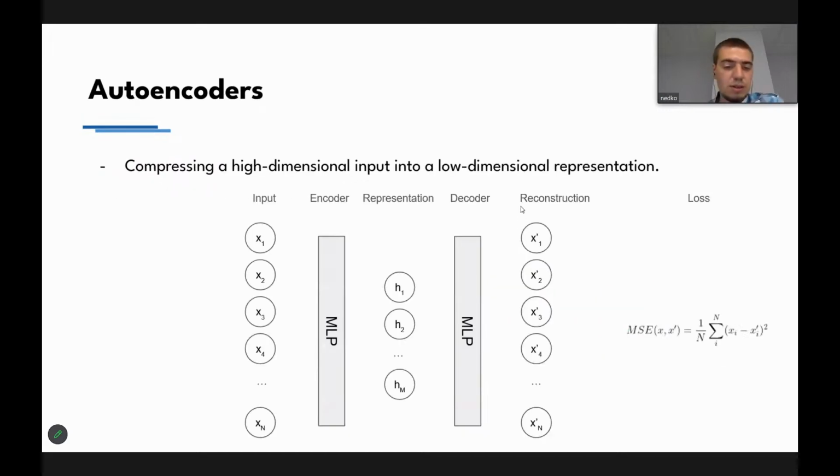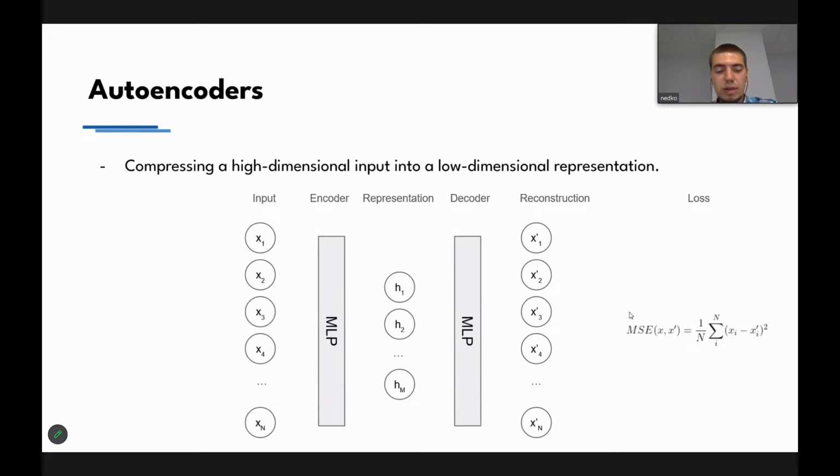And how that works is with MLPs, for example. So you give your data to an MLP, which is going to be a nonlinear function now. And this is the encoder. It's going to encode it to this representation here. And the decoder is also an MLP that you're going to learn.